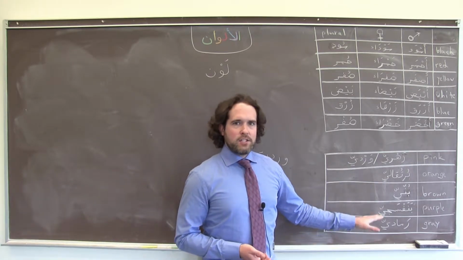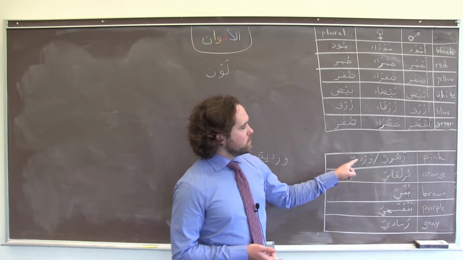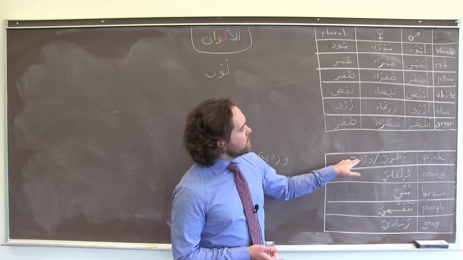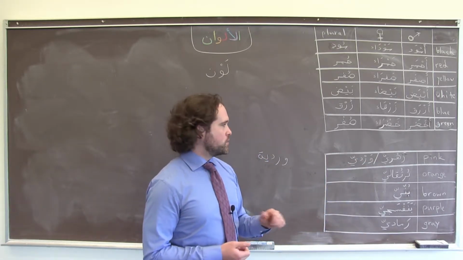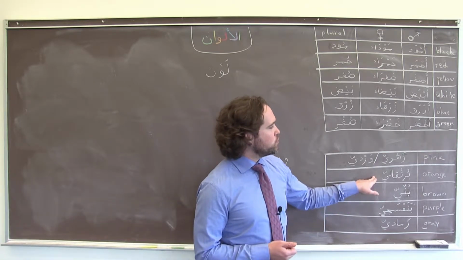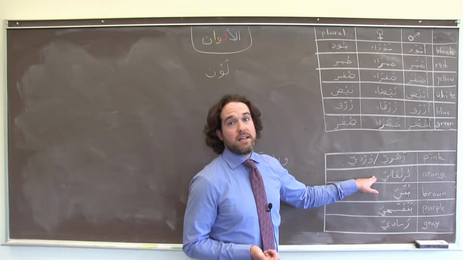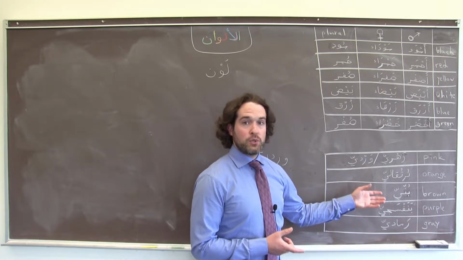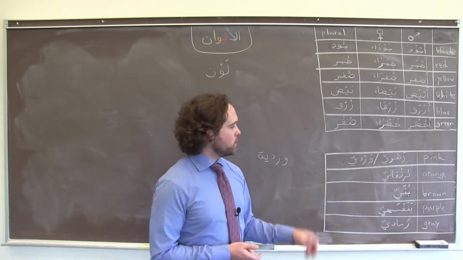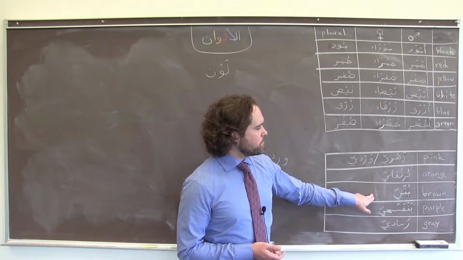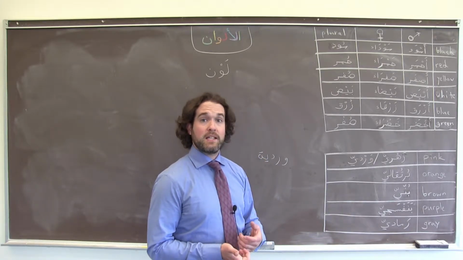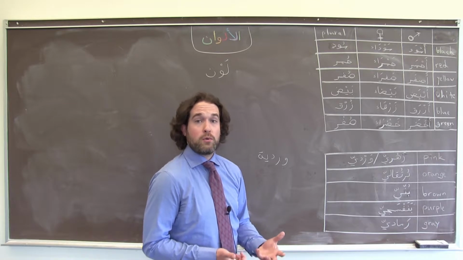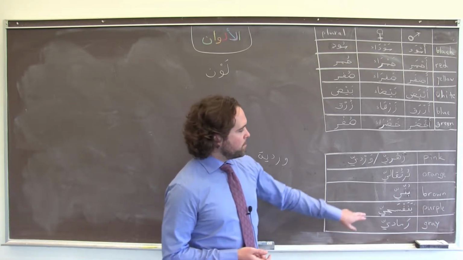Like all nisba adjectives, or most of them anyway, each of these words refers back to a noun. So when we're saying burtuqali, just as in English, we're saying orangish, orangey, the color of the fruit, an orange. Bunni comes from the word bun, which is an old word in Arabic and some other Semitic languages meaning coffee. So brown in Arabic is coffee colored.